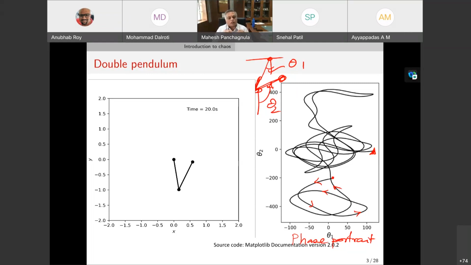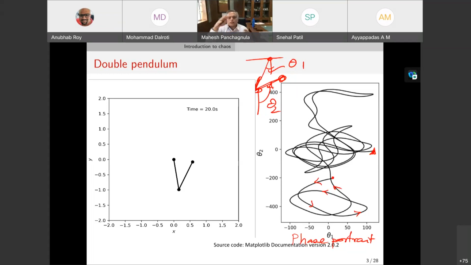the trajectories never cross. And so in that four-dimensional space, this system is going to continuously meander within the limits of minus 2 pi to 2 pi for theta 2, and theta 1 being like minus 180 to plus 180.